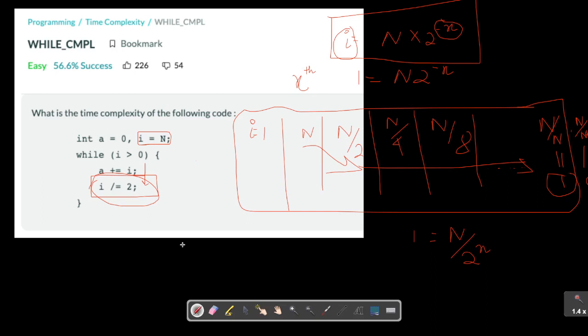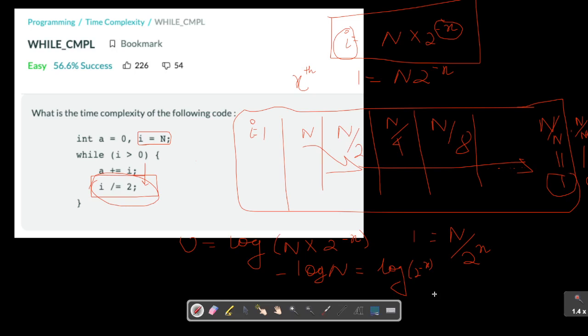Let us just take log, so 0 is equal to log of n multiplied by 2 raised to the power minus x. If we split that, we get minus of log n is equal to log of 2 raised to the power minus x.